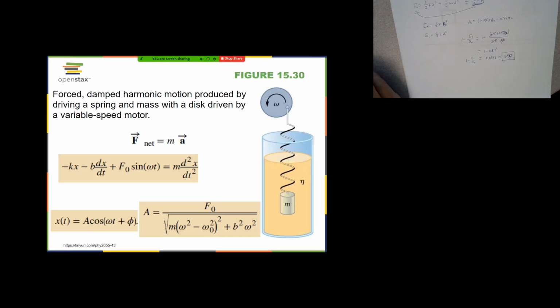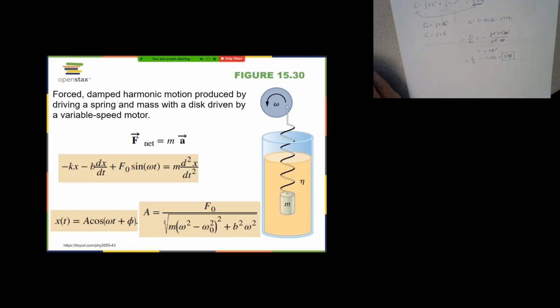You can see this will not be the natural length; for the equilibrium position, it should be elongated by an amount x naught, where kx naught is equal to mg. So the mg is already canceled out by the pick of your equilibrium position.